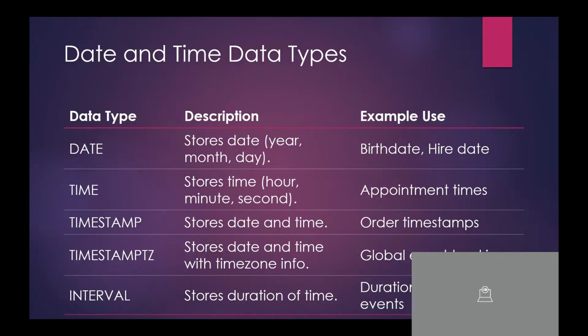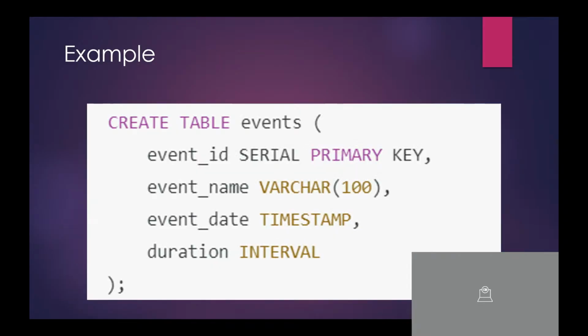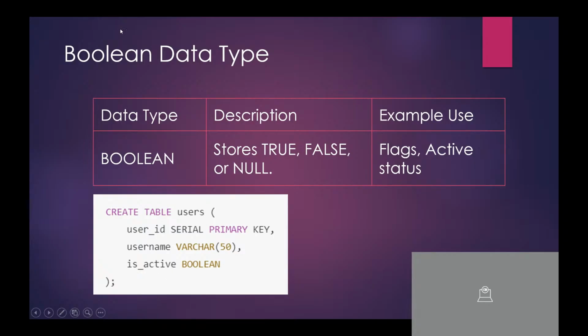TIMESTAMP stores date and time, such as order timestamps. TIMESTAMPTZ stores date and time with time zone information, for global use. These are the types for handling date and time data. Whenever you create tables, for example event ID is serial primary key, and there is also duration, interval.